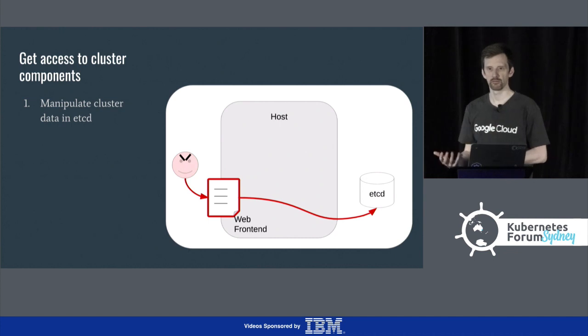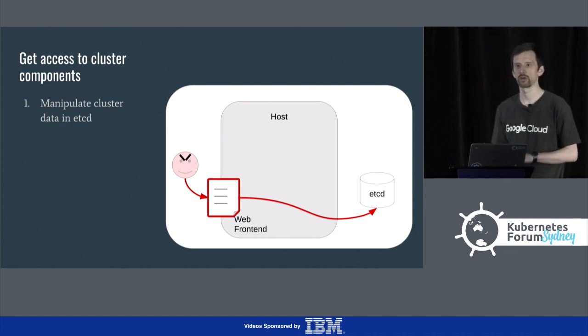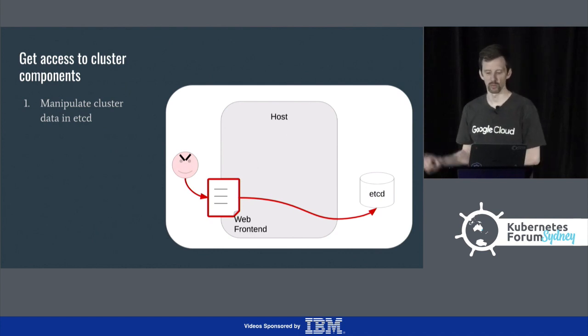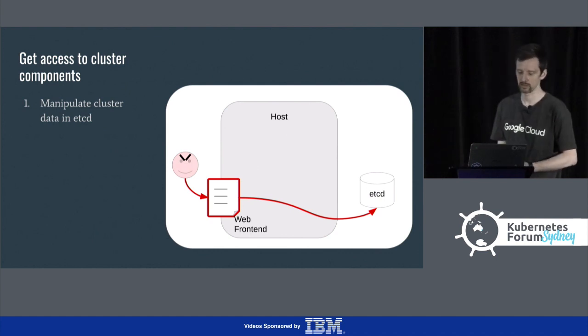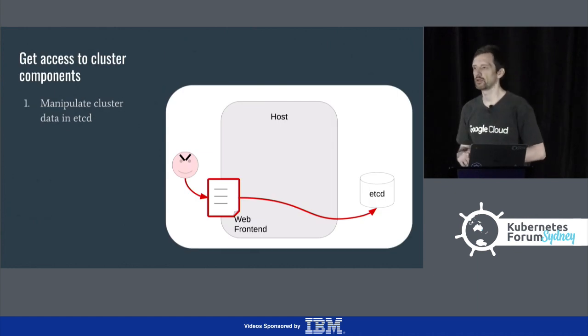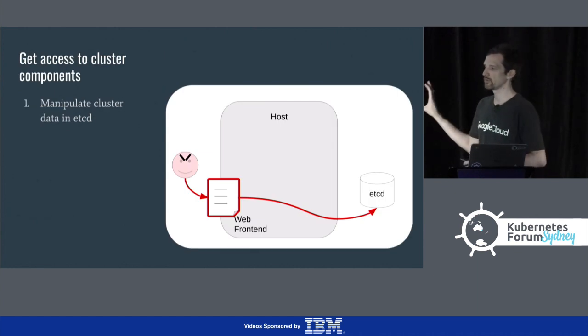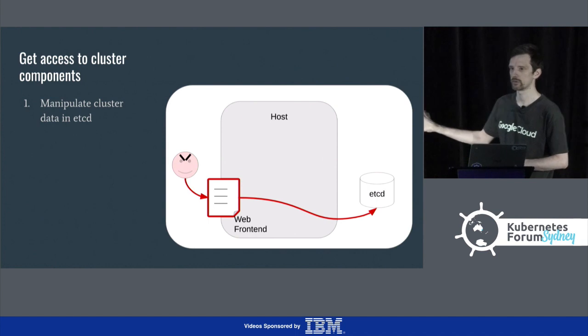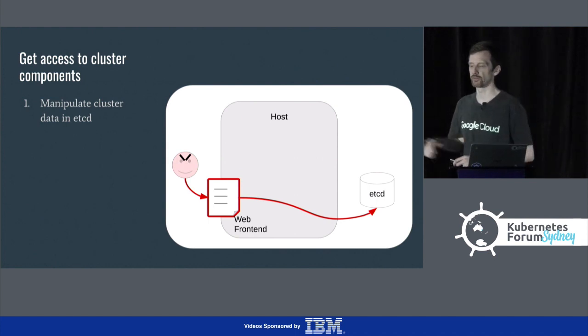You don't want to allow access directly to the local files on the API server or directly to etcd itself. The reason is that etcd stores the objects in your Kubernetes API that your API server saves. This is your object store.